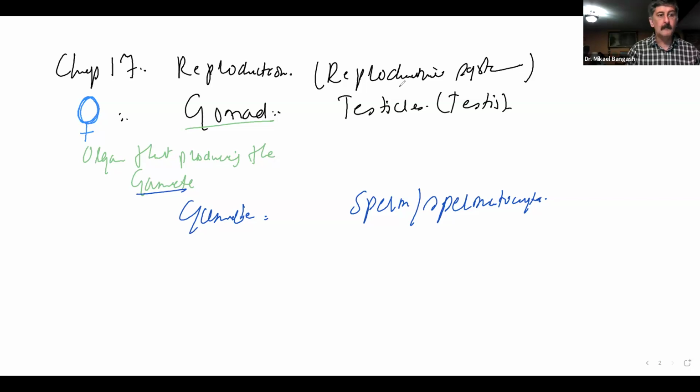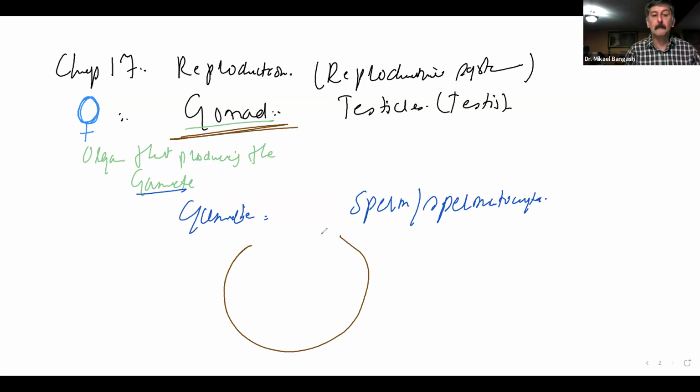Now, the testes are stored in a sac called the scrotum.